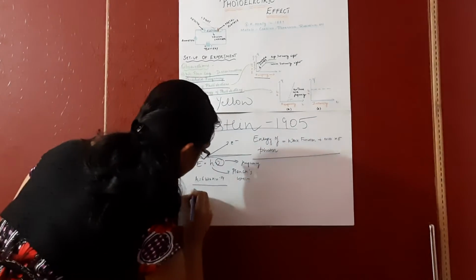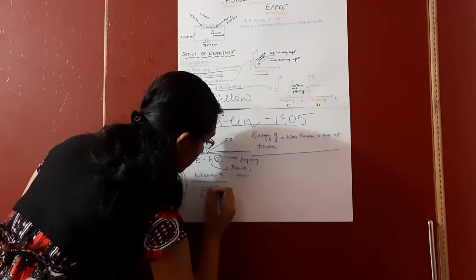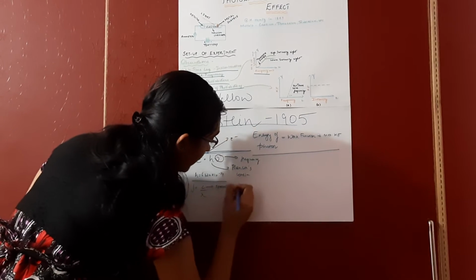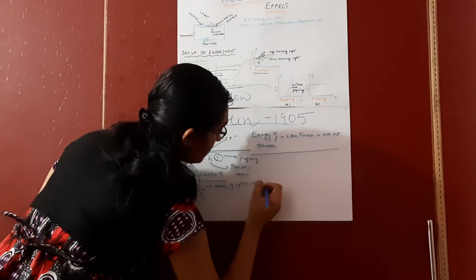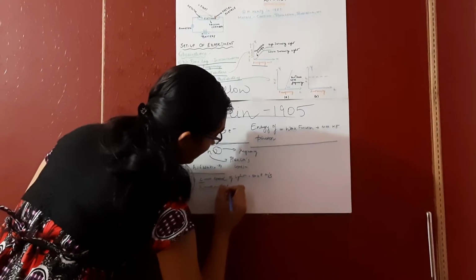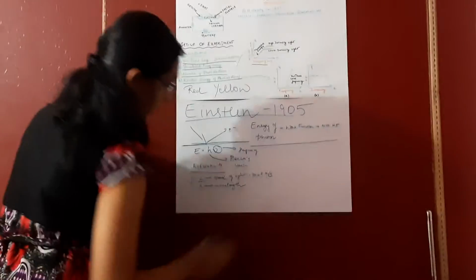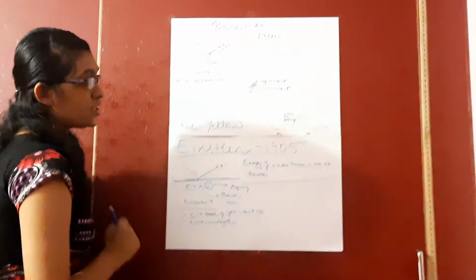This nu can also be interpreted as f is equal to c by lambda, where c is nothing but the speed of light in air or vacuum, that is 3 into 10 to the power of 8 meters per second, and lambda is the wavelength with which the light is incident on the surface of a metal. This is the energy of a photon which strikes the surface of a metal.